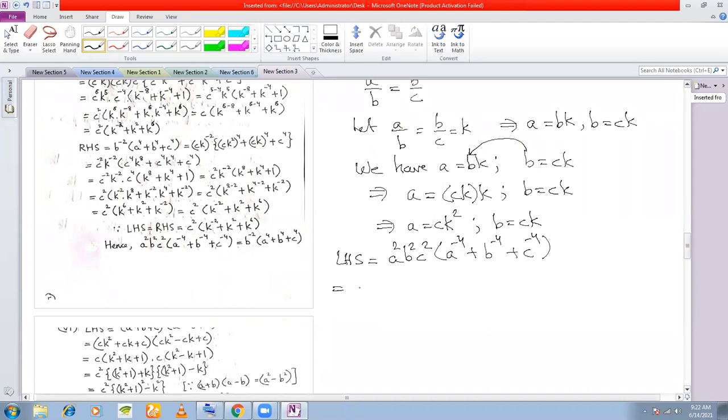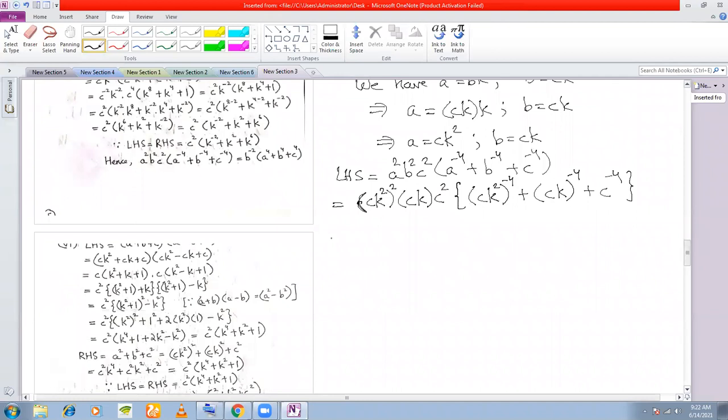The value of A here is CK square. The value of B here is CK and C we write as it is. Again, put the value of A here, CK square to the power of minus 4. B here is CK to the power of minus 4, and C we write as it is.